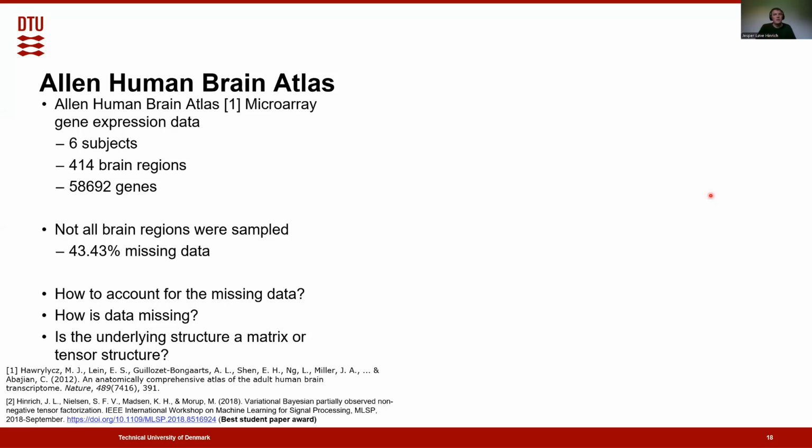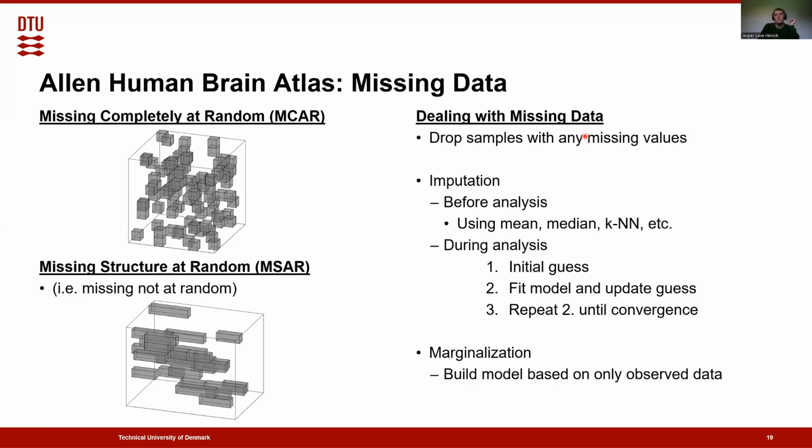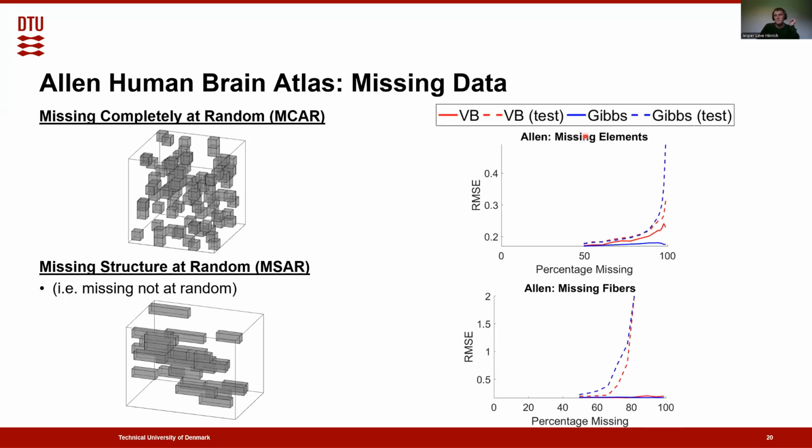In the interest of time, I will skip this, but it's basically just doing non-negative CP on some brain imaging. The main takeaway is that in our results, we tested variational Bayesian inference versus Gibbs sampling for recovering missing data, in particular missing fibers here, because that's the proper missing mechanism for this data.